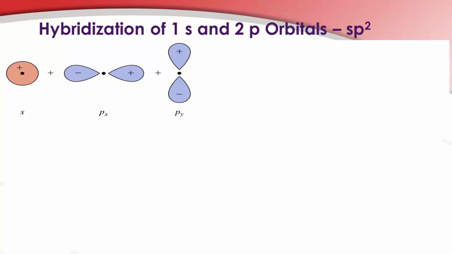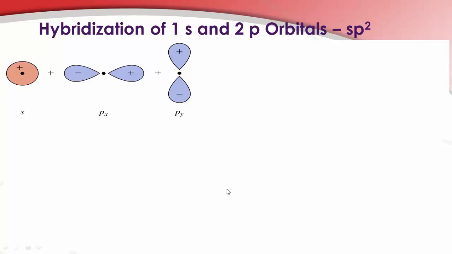Well, in fact, in ethene, we see only three species bonded to the carbon. And we'll see why in a few seconds. But when we are only arranging three atoms around carbon, we no longer have need for four locations, obviously.